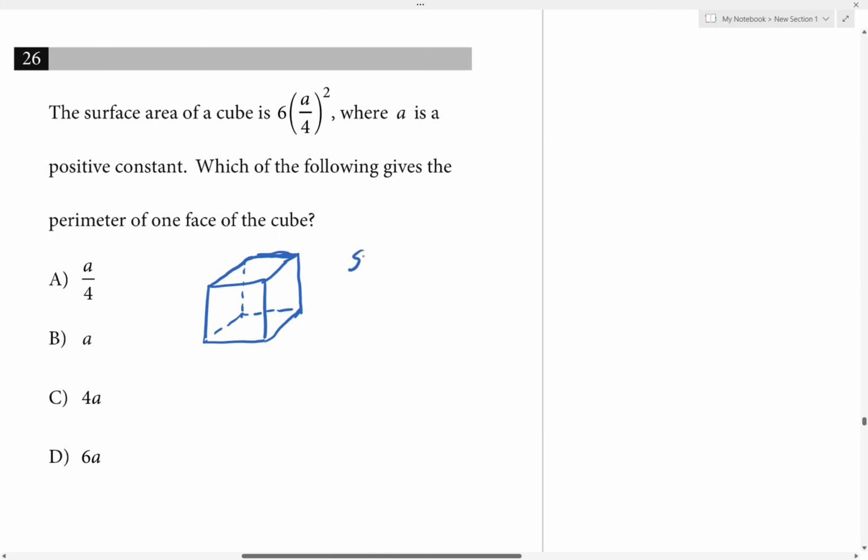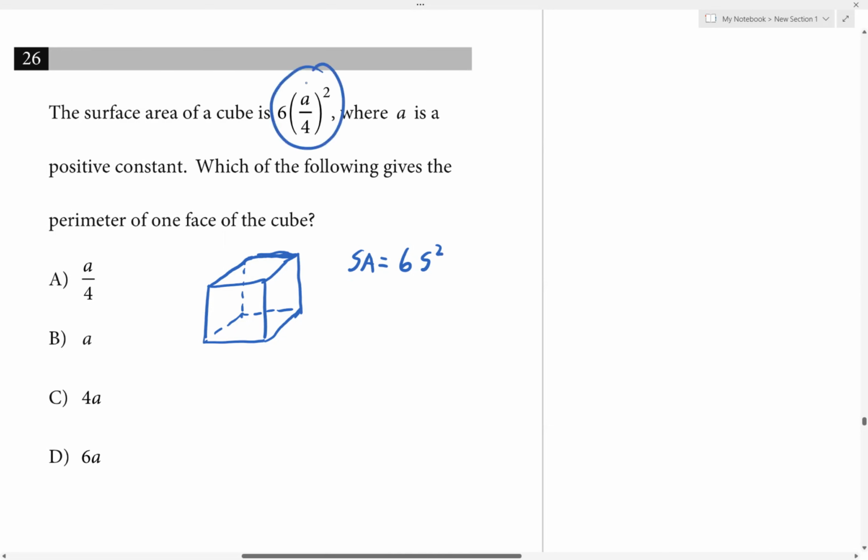So the total surface area of a cube, we can do 6 times s squared. So s squared is the area of one side, and we multiply by 6, that should be the total surface area. So you can just use this formula to solve for total surface area.